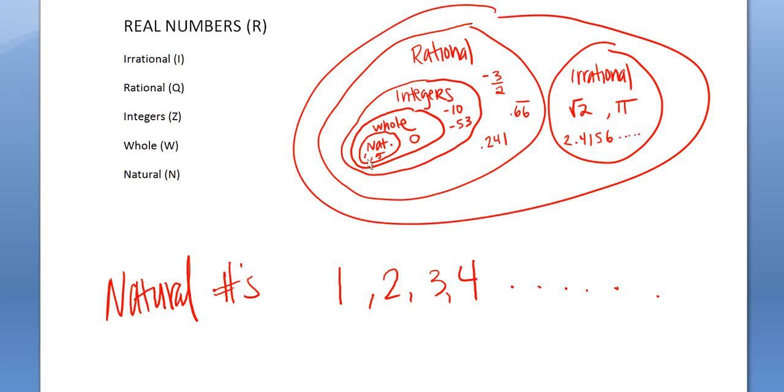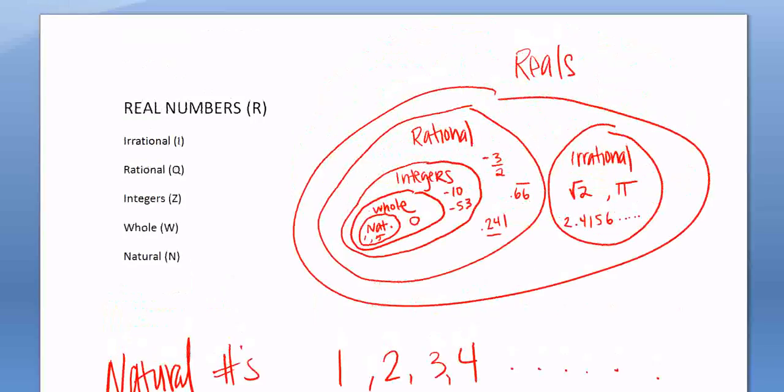Okay, so natural numbers are 1, 2, 3, 4. Whole numbers are 0, 1, 2, 3, 4, on and on and on. Integers are all the negatives, 0, and positives. Rationals add in the fractions, the decimals that terminate, that means end, the decimals that repeat. Over here are irrationals. Those are numbers that do not repeat or do not terminate, and all of them make up the reals.